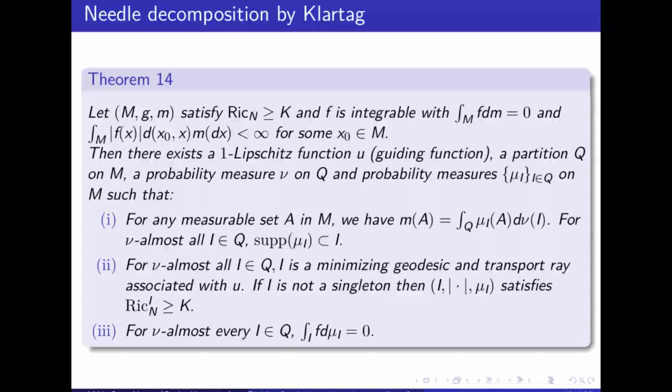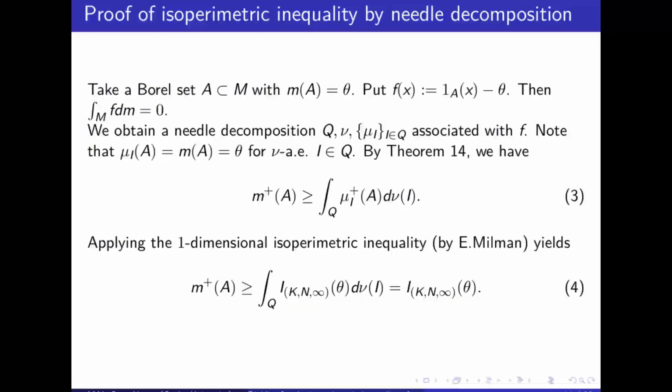With the needle decomposition technique, I could give an alternative proof of the isoperimetric inequality. We take the needle decomposition associated with the function f, the difference of the indicator function of a set A with its volume.